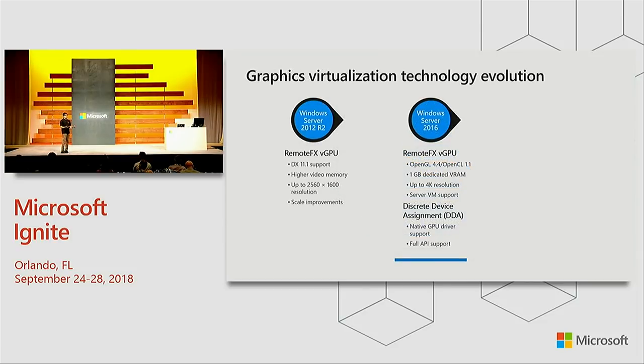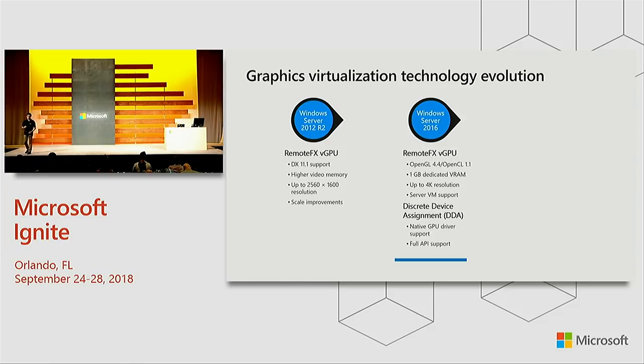And so, showing the progression of our GPU virtualization story. In 2012 R2, we had RemoteFX vGPU. That way we can democratize the GPU that you had on the host. It had DirectX 11. You can read the details. Again, we decided to continue iterating in 2016.